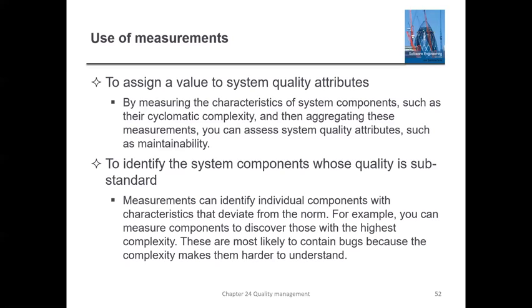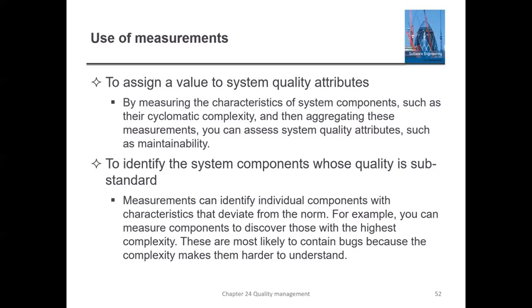The first one is assigning a value to quality attributes. So what are we going to do here? Here we have to measure the characteristics of system components, like what the performance of the system will be, how much bandwidth has been provided to the system, what the complexity will be, what the quality attributes are, how we are going to maintain it, how we are going to give security to it.